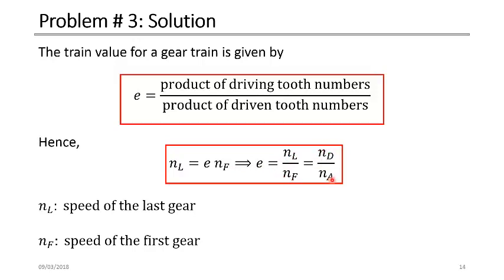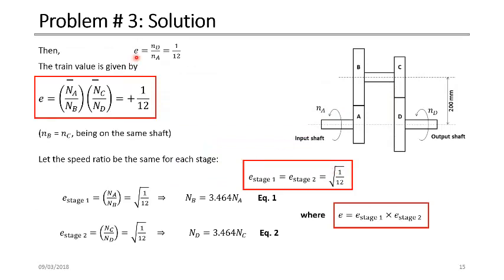Remember that this ratio is given as NA divided by ND rather than ND divided by NA. So in this case, E, the train value, is ND divided by NA equals 1 divided by 12, because what was given in the problem as the gear ratio was NA divided by ND, which was 12. So I'm just taking the reciprocal here.